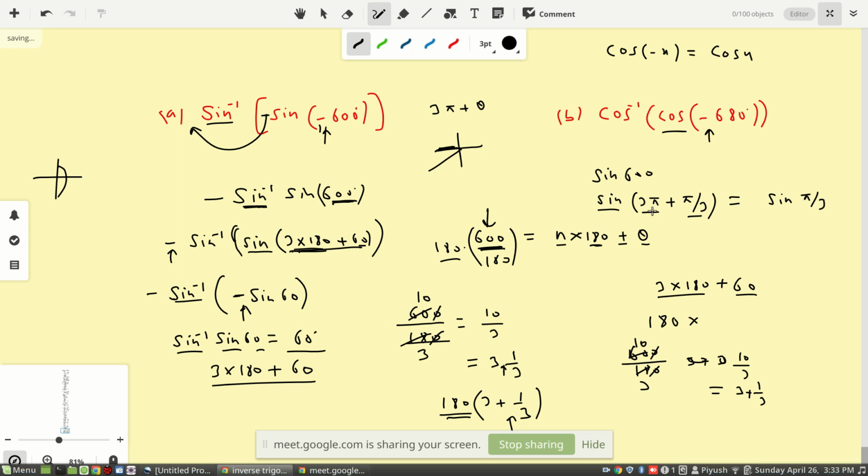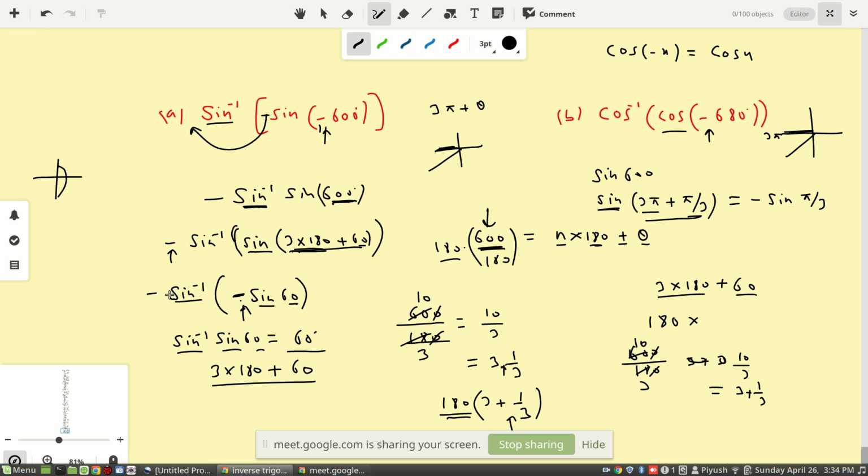But you have to decide the sign also. How to decide the sign? It depends on where you're going according to this angle. I'm going 3 pi, which means 3 pi plus theta is extra, so you're in the third quadrant. In the third quadrant, sine is negative, so you're having negative. So that's why I'm writing minus sine 60, meaning sine pi by 3.